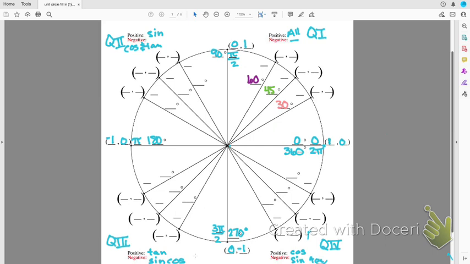What if my x is 28 and my radius is 28? What do I still get? 1. So this point: the sine is the y and the cosine is the x.